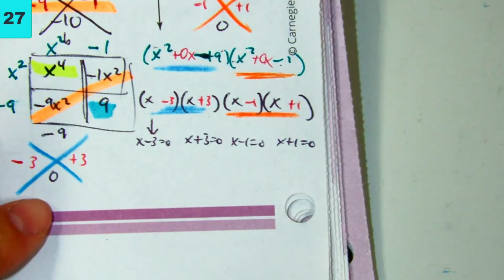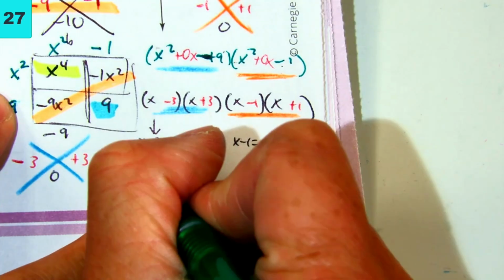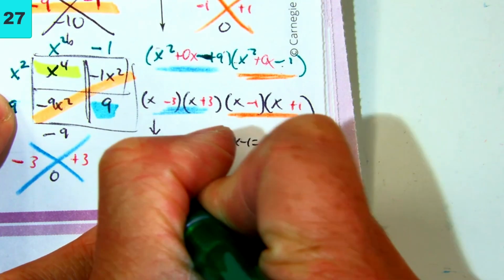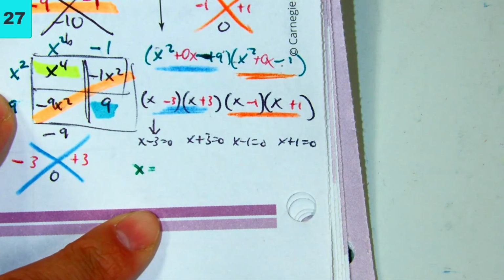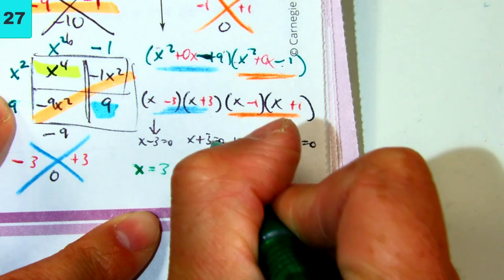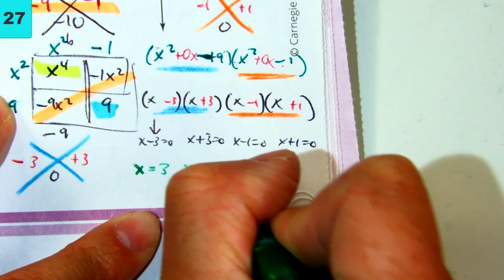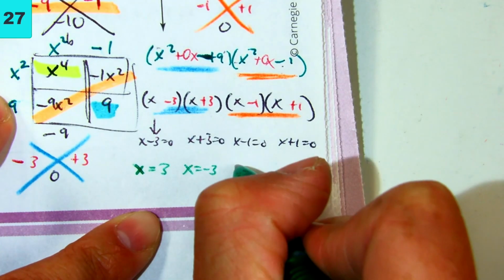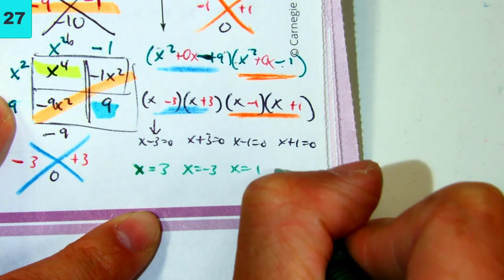Nathan, here, x equals negative or positive? How about right here? Here? And here? -1.